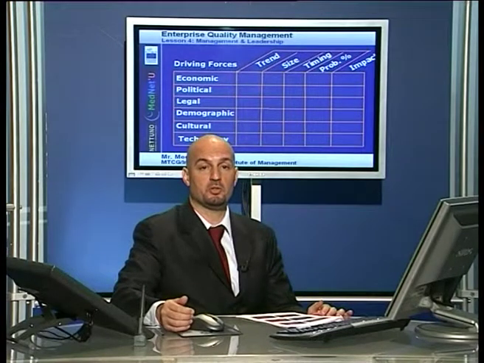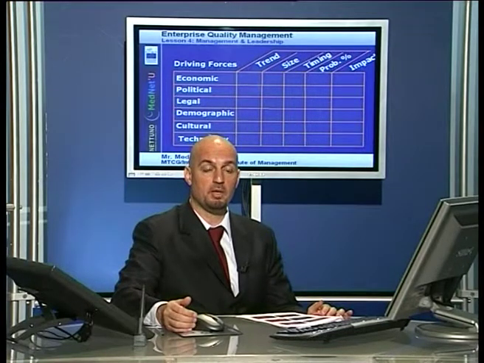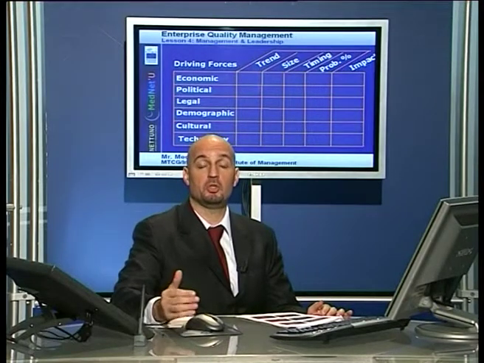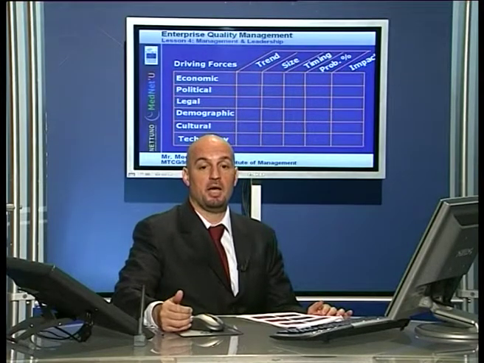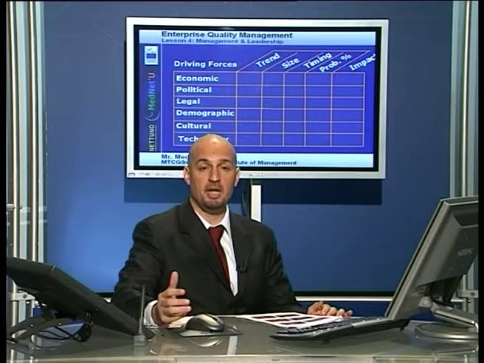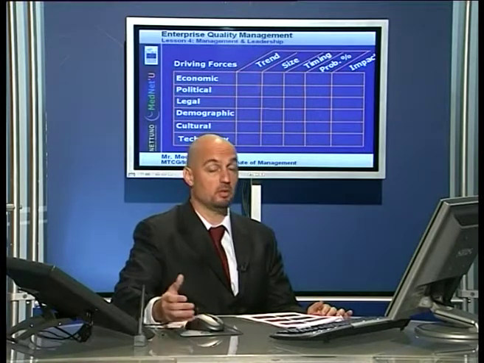So this will exclude the lower-income consumer segment, and therefore will reduce the demand in the market. As a manager, you will have to adjust or adapt your resources to meet the lower demand.